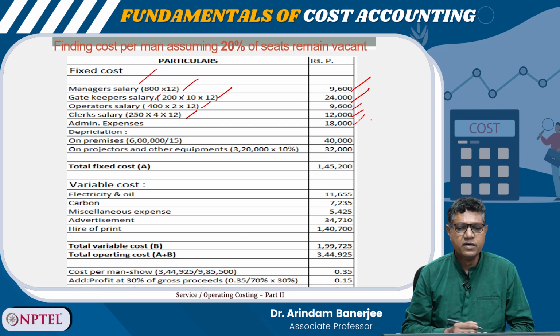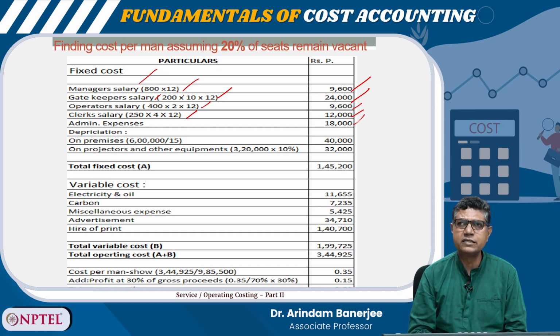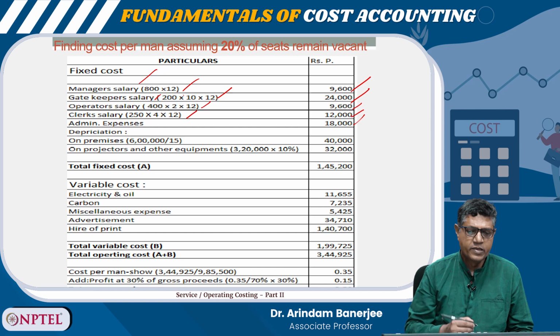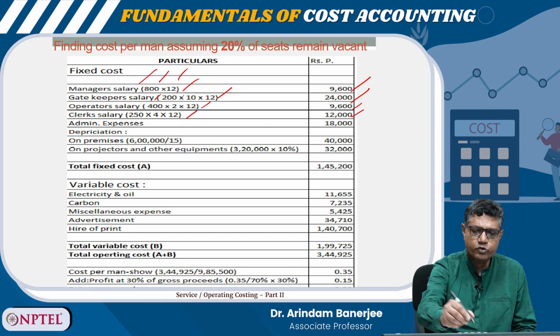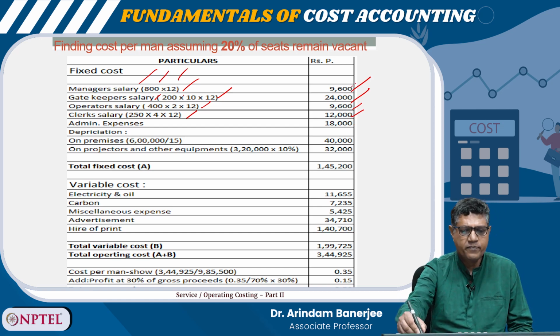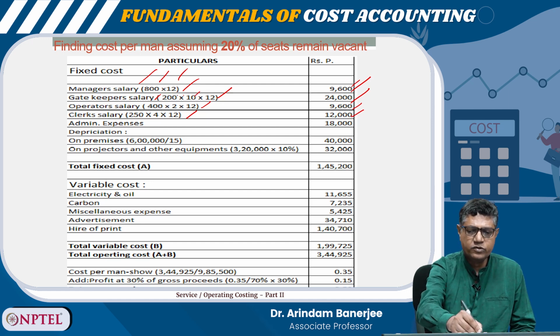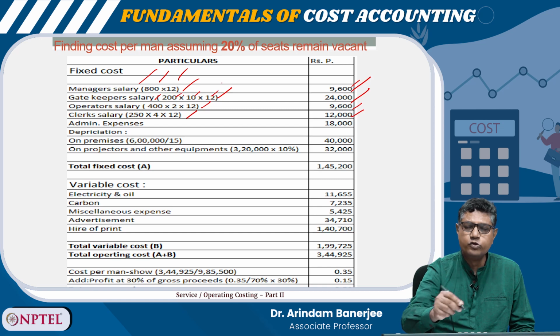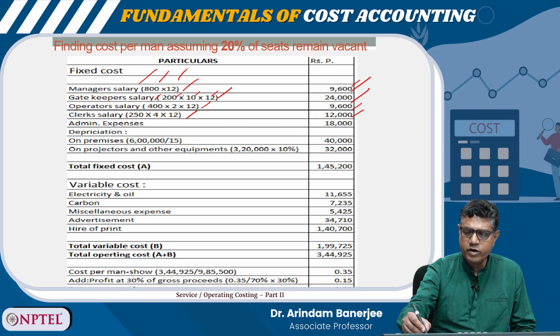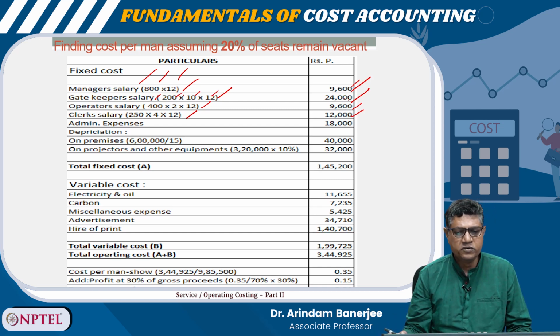Okay, I repeat. Manager's salary, there is one manager, right? So it is 800 into 12, 9,600. Gatekeeper's salary, there are 10 gatekeepers, so 200 into 10 into 12 months, it is 24,000. Operator's salary, there are two operators, so 400 rupees is their salary.